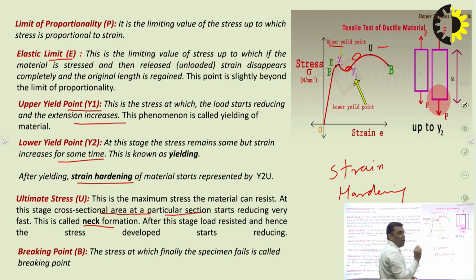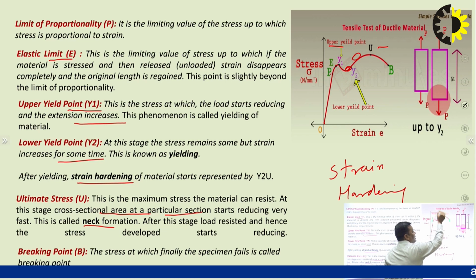It means along with the straining, along with the deformation, the material offers more resistance. Then the stress reaches the ultimate stress, the maximum stress mild steel can offer. Beyond point U, the sudden reduction in the cross section starts, which is known as necking.